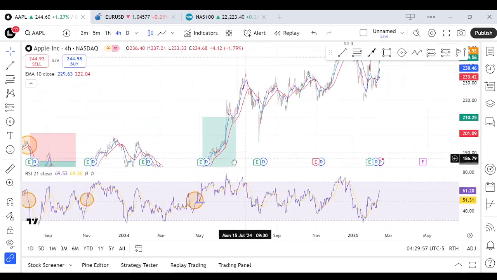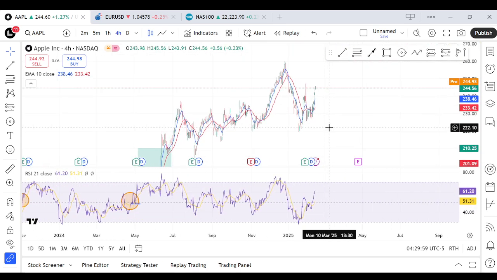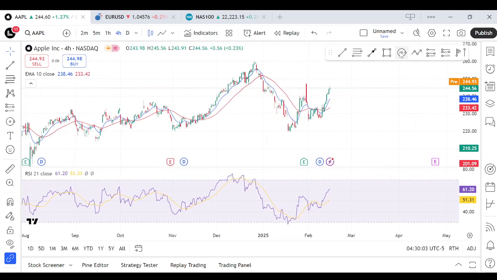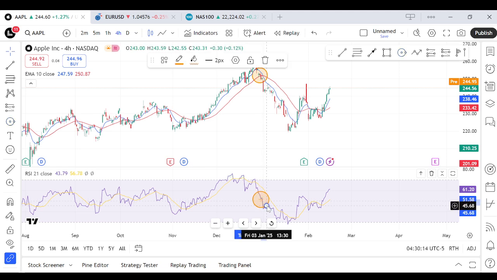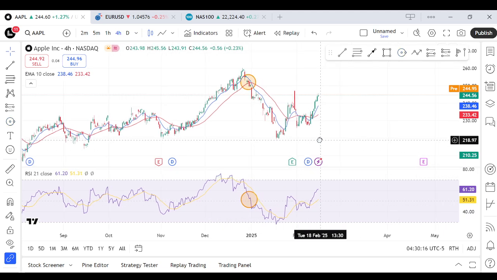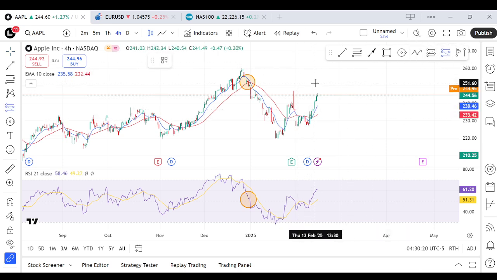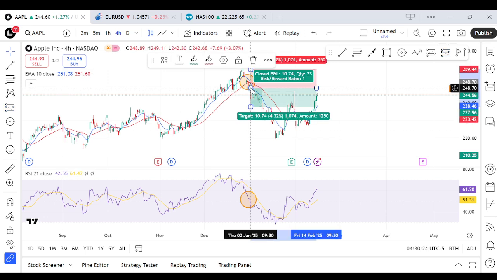Let me look for one more bearish setup before we call it a day. Now we have this bearish setup here. You can see the 10 period EMA going below the 20 period EMA. At the same time, we have the RSI going below the 50 level. So this happened just recently, and we should be looking to take a sell trade at the confirmation of all of this.